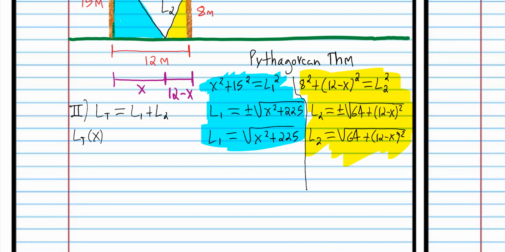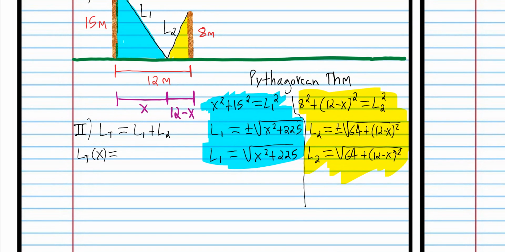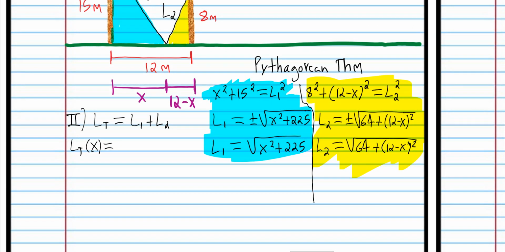So the total length of the wire is equal to the square root of x squared plus 225 plus the square root of 64 plus 12 minus x squared.